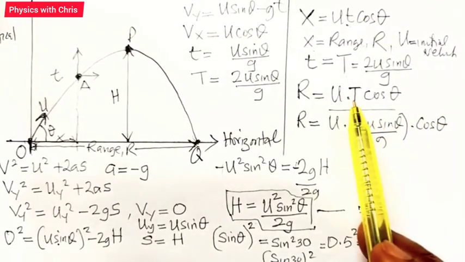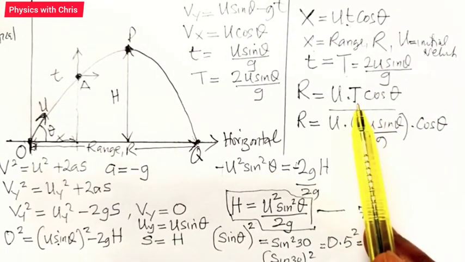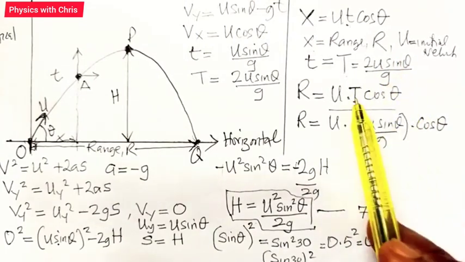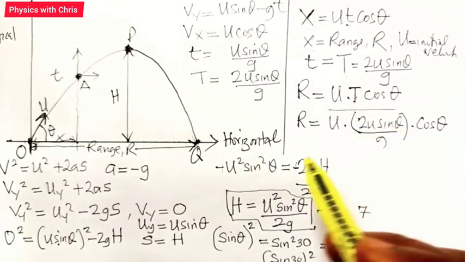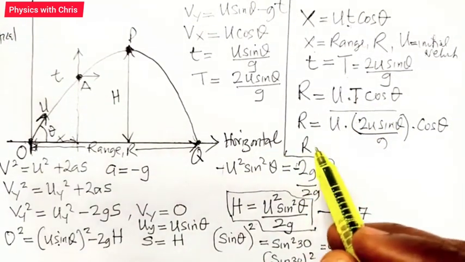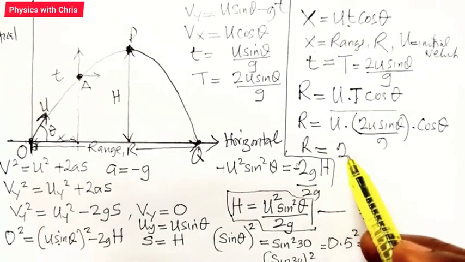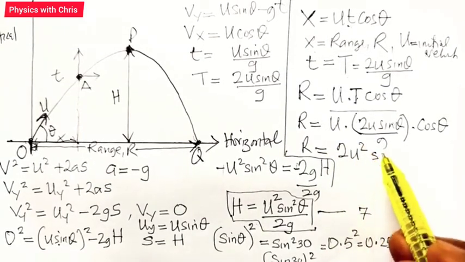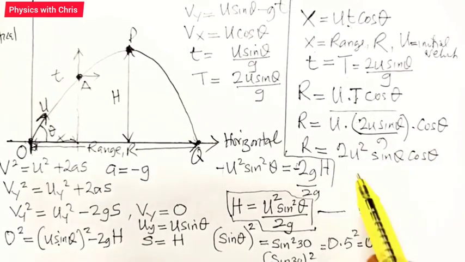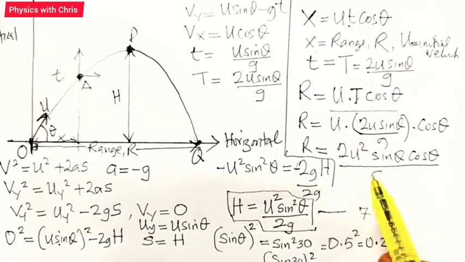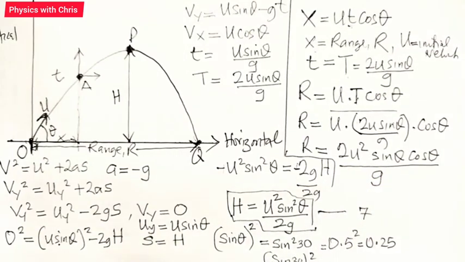So I'm substituting 2u sin theta over g for the time of flight T. By the time I expand this equation, it gives me 2u squared sin theta cos theta divided by g.